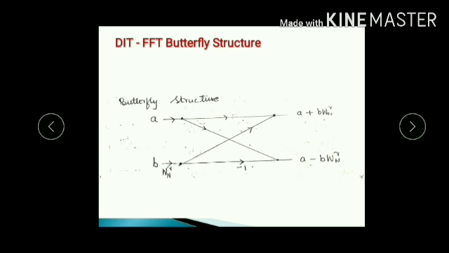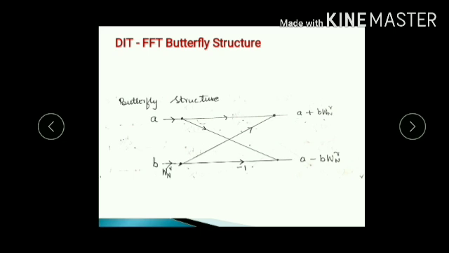Okay. Now how do you get this expression A plus B W_N^r? When you want to get this, you can see the value of A has come here. To this point, there is also this line coming, which is an addition point. It is like in KCL, you can say current meeting at one junction, right?